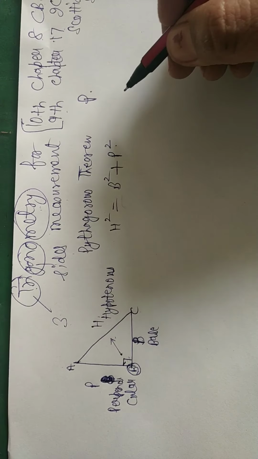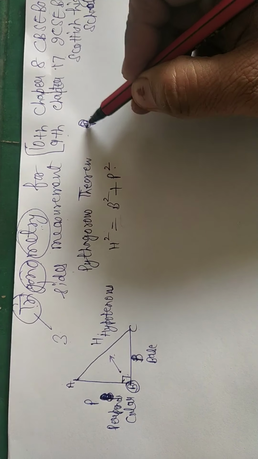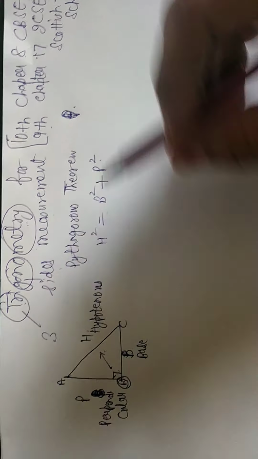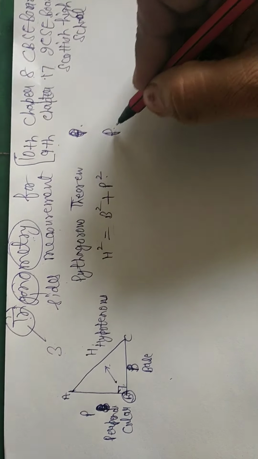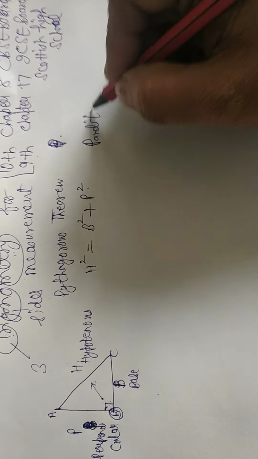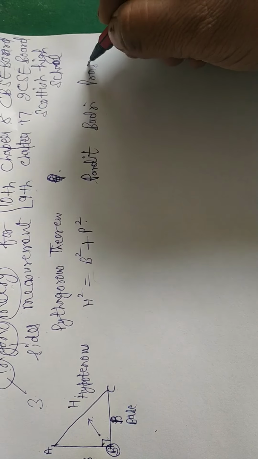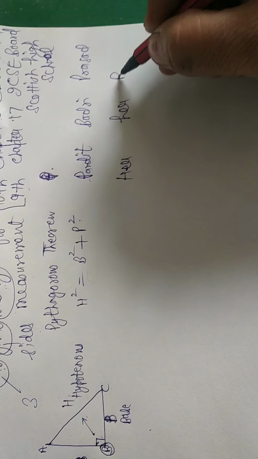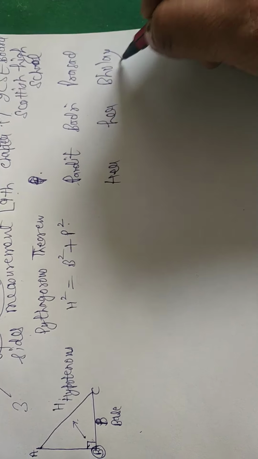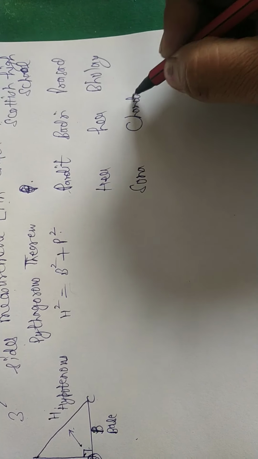So there is one more magical formula that you can just enjoy to find all the sides, that is: Pandit Badri Prasad, Har Har Bhole, Sona Chandi Tole.